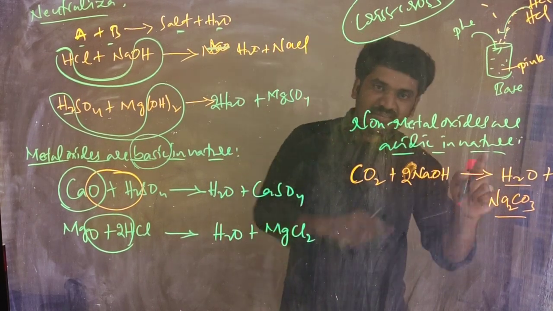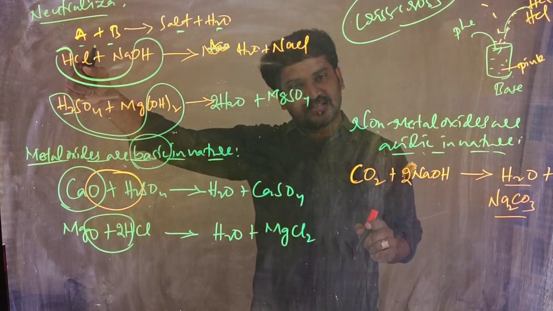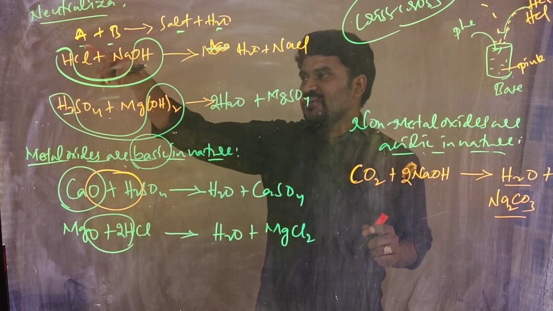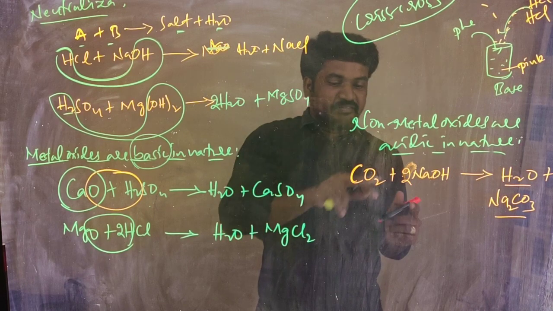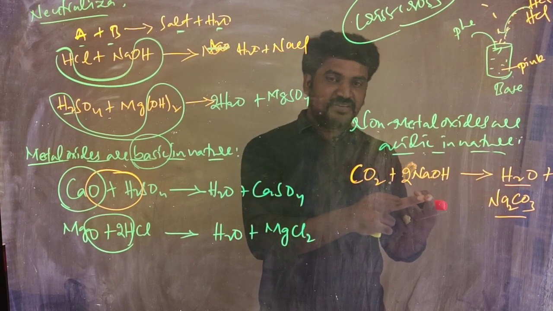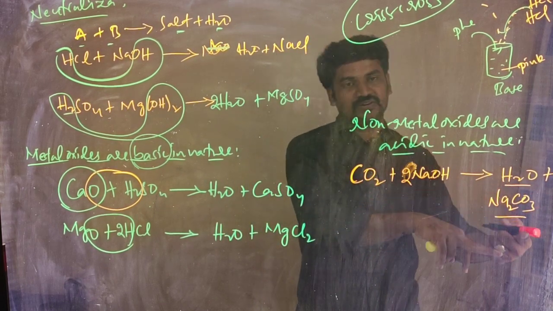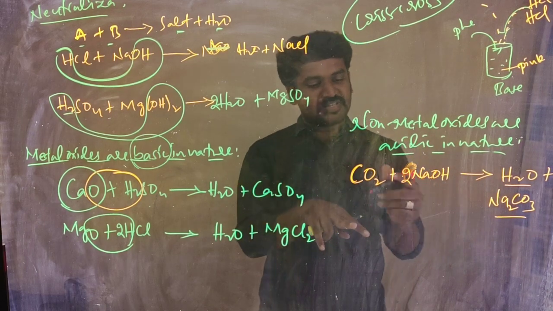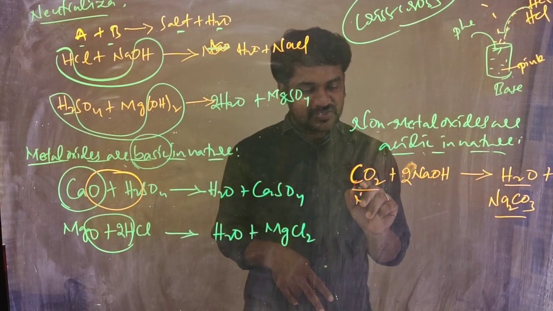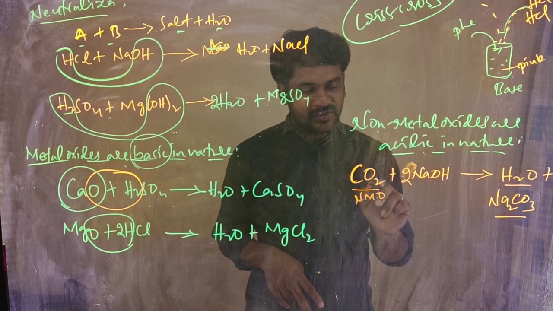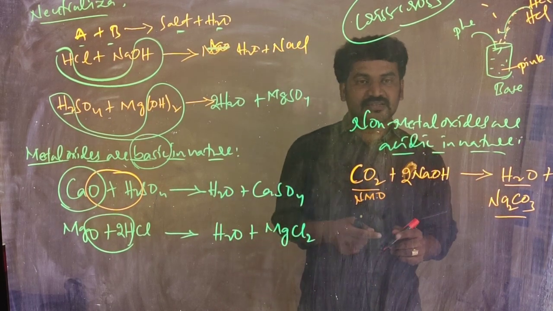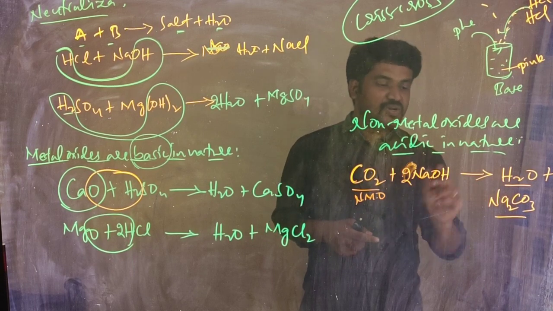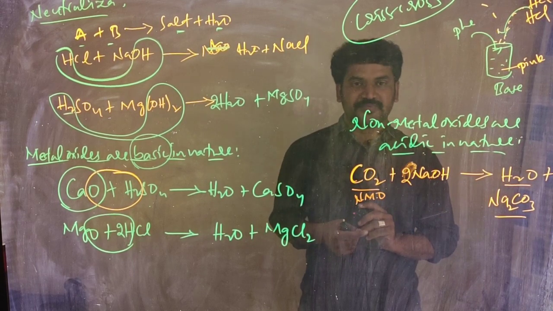So when you compare this reaction to the neutralization reaction, that is when acid and base react, we get salt and water. In the same way, when a non-metal oxide reacts with a base, again we are getting water and salt. Even though there is no presence of an acid, the non-metal oxide acts like an acid and produces salt and water.